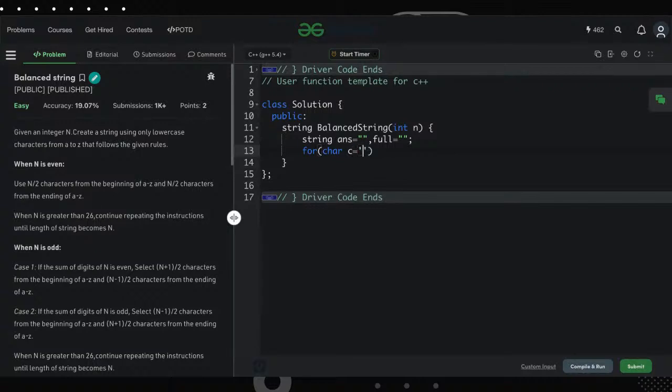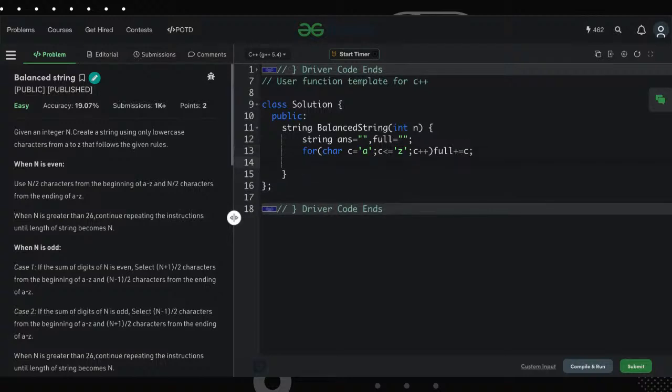So for character c is equal to the character a, as well as you can use 0 till less than 26. Either way is fine, and c is less than or equal to the value z, and c plus plus, and then it would be full plus equals to the value c itself.